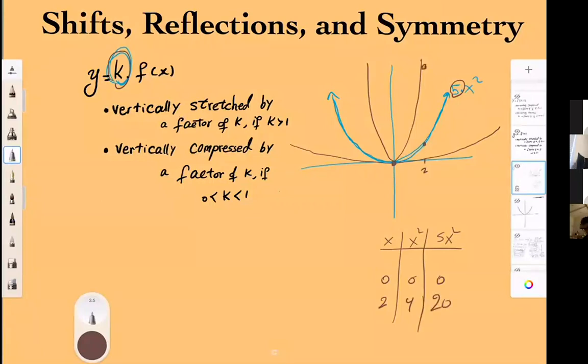So we stretch it by a factor of 5. What you need to know for an exam or quiz is to say we are stretching by a factor of k. If k is between 0 and 1, like 0.2x squared, it will vertically compress by a factor of k.